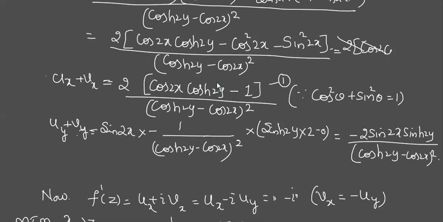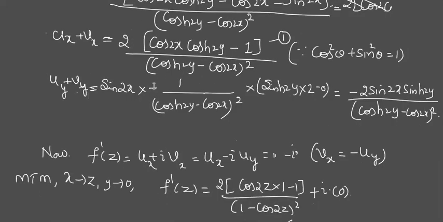Now, I want to find an analytic function. I want the suggestion from you. How can I find it? This is my expression. Do you have ux and vx, or ux and uy, so that you can substitute? What can be done further? Think about it.